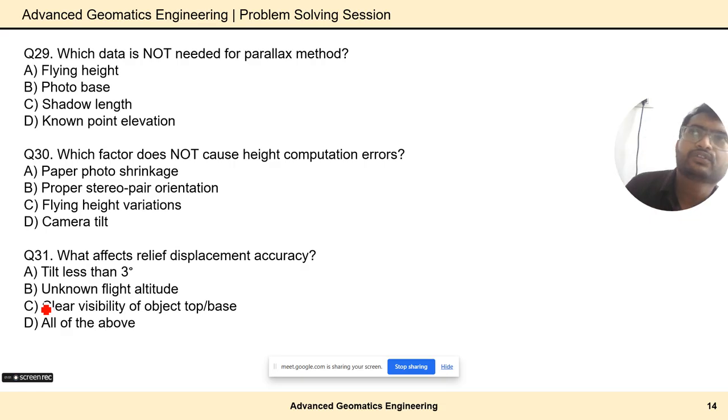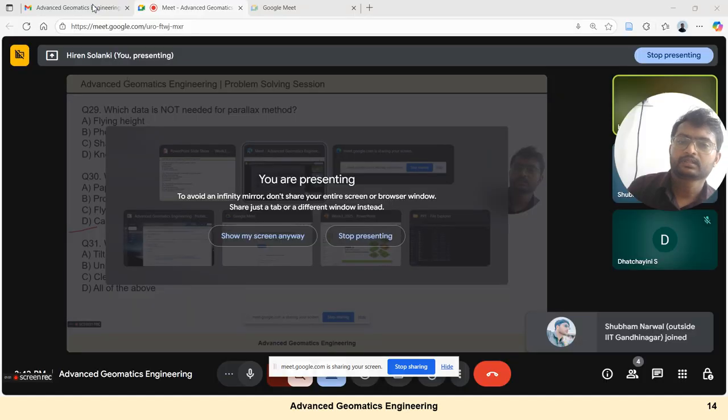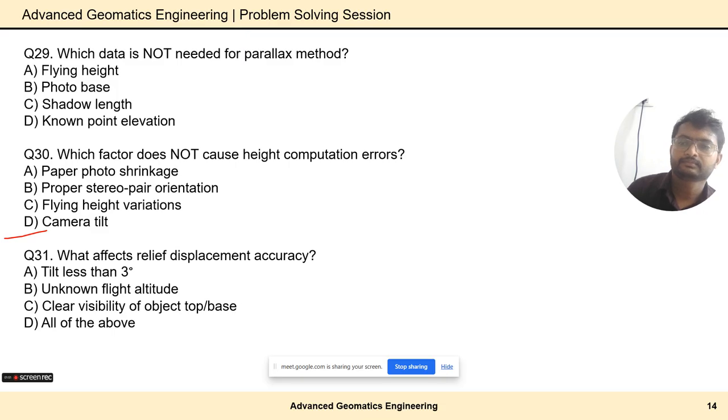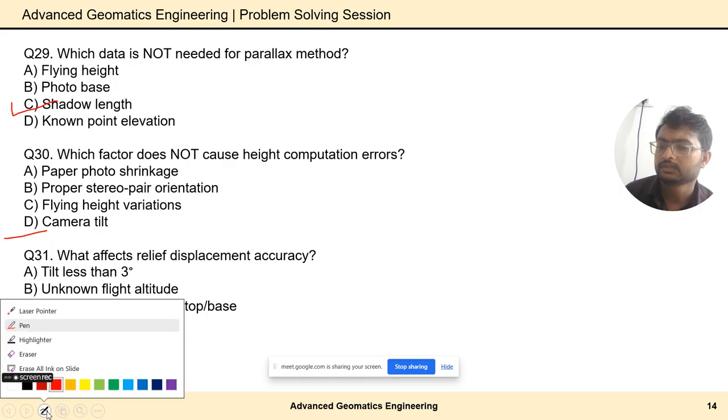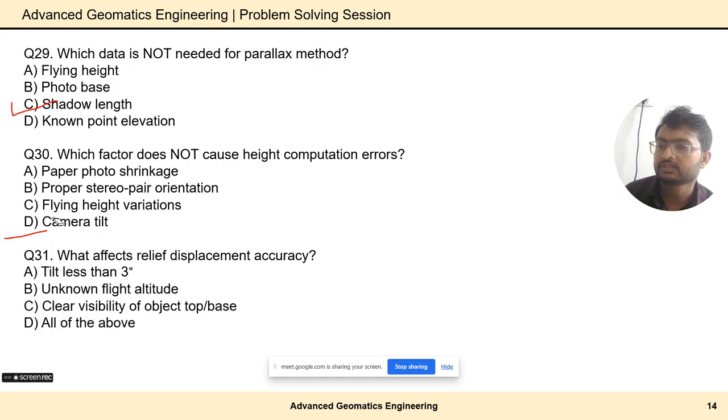Shadow is altogether a different method. So shadow is not necessary in the parallax method, and that's why our correct answer will be shadow length. Now the next question is: which factor does not cause height computational errors?